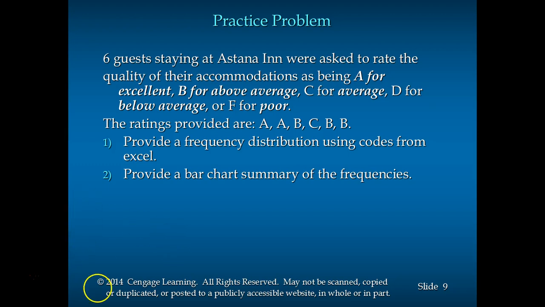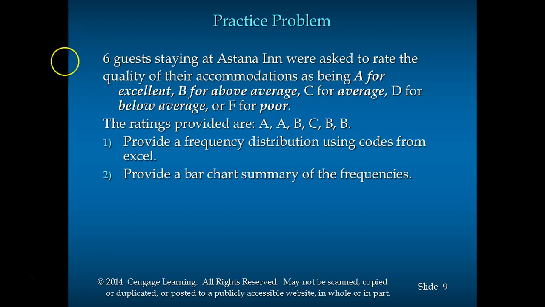For example, here's a practice problem, if you want. Six guests are staying in Astana and were asked to rate the quality of their accommodations: A for excellent, B for above average, C for average, D for below average, and F for poor. So these are like letter grades instead.